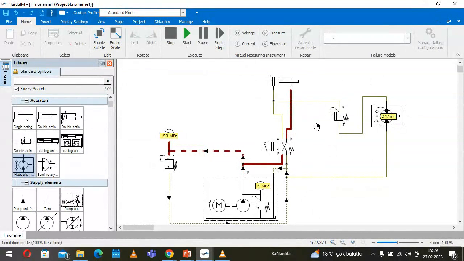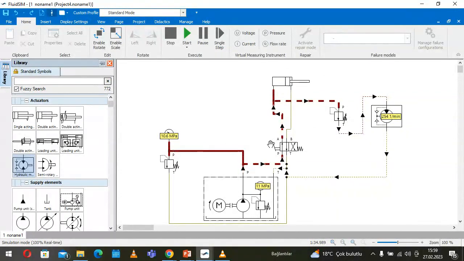So we arrange the sequence: first the linear motion, and then the rotary motion, like this. So first linear and then rotary motion.